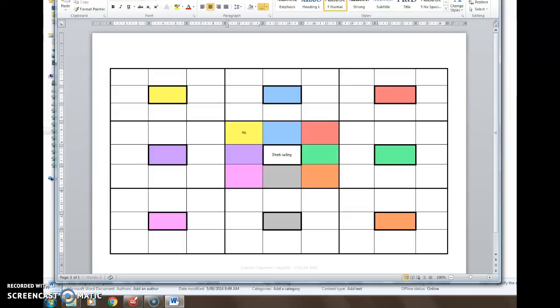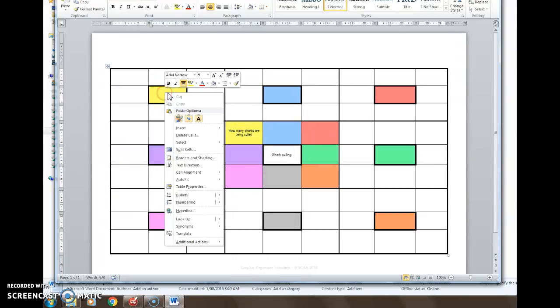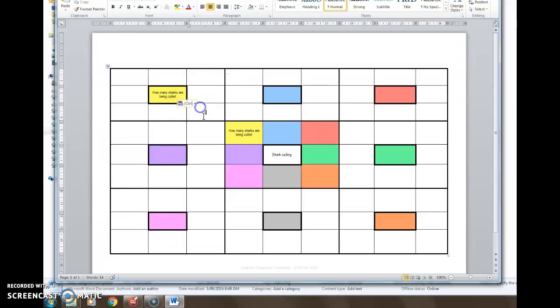You put some exploration type topics, like how many sharks are being culled, into the coloured boxes. Transfer it out to there, and you can then have additional questions around that topic.